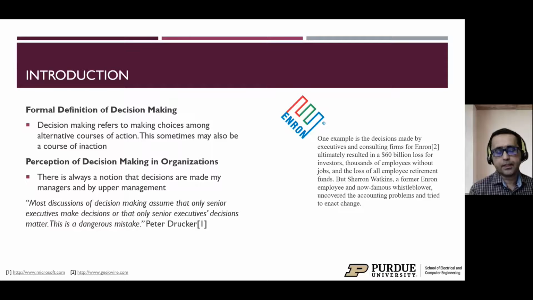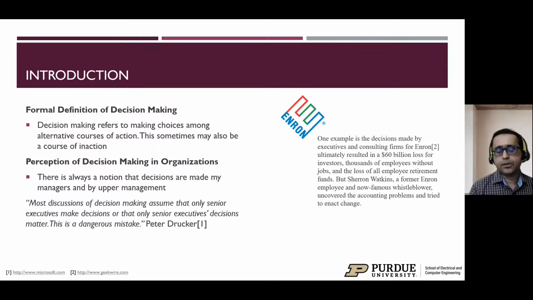But if you really see examples of what kind of decisions are made by organizations and what kind of impacts they have, it is sometimes very big, resulting in big financial losses, or it can also be positive where a company makes a strategic change of direction, which helps them steer into a new arena or new business.